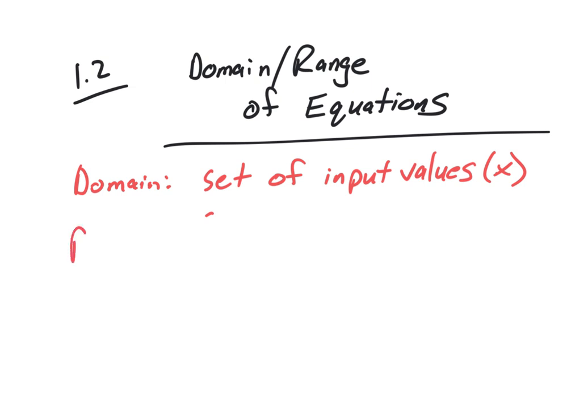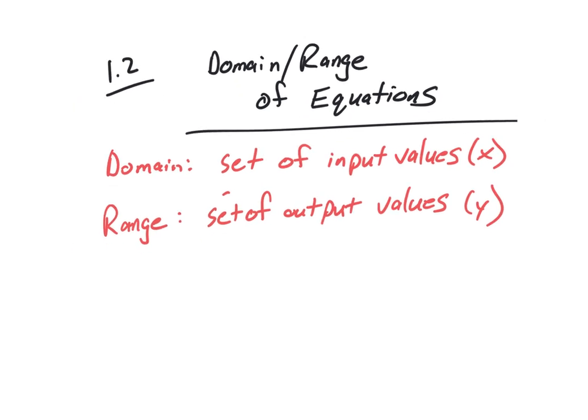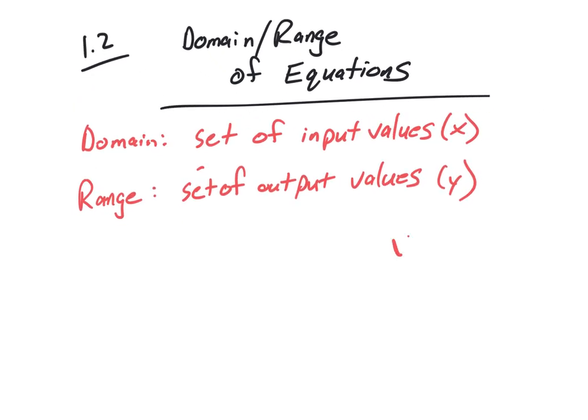And then range is the set of output values. And we usually refer to that as our y value. Just to give you an example of what we're talking about here. On Friday, we talked about a real basic function, like y equals 2x plus 3.